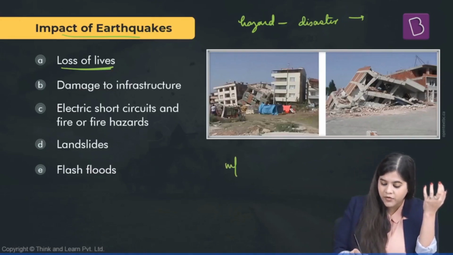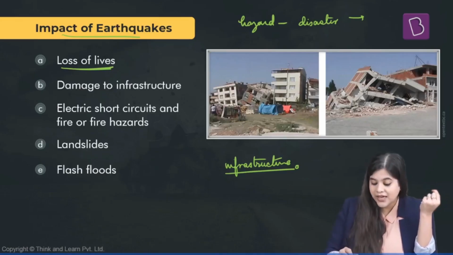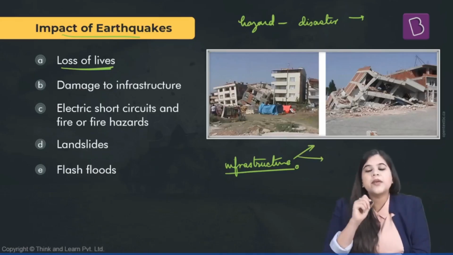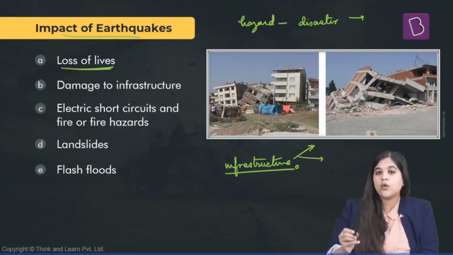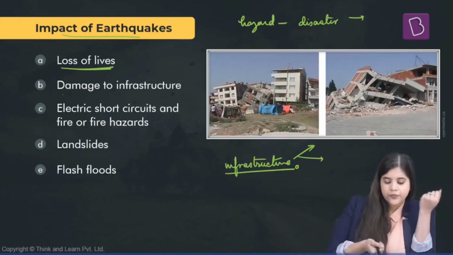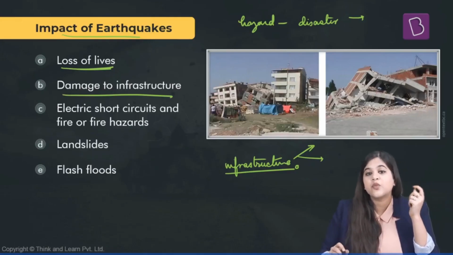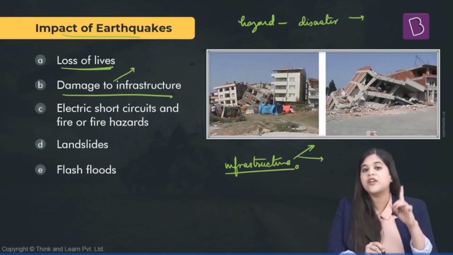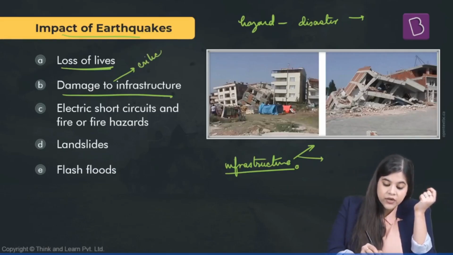If there is some amount of infrastructure that is present in an area, then it can get destroyed and people can get submerged under this rubble, and it can cause a loss of life. There is also damage to infrastructure, and it becomes very difficult for the people to live in that area if the damage is caused to the critical infrastructure.